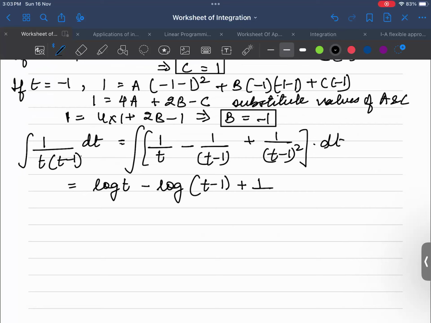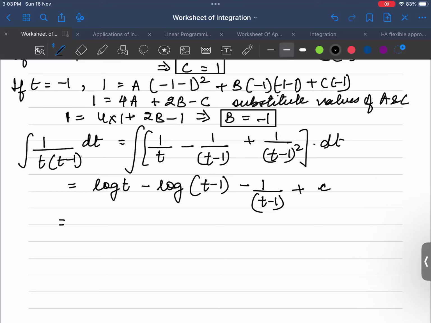Sorry, again the same way which we have done in the previous question. It would be log t, minus log (t minus 1), minus 1 upon t minus 1. I explained in the previous question how to integrate this. The minus sign will be outside, plus c, which is the constant of integration.